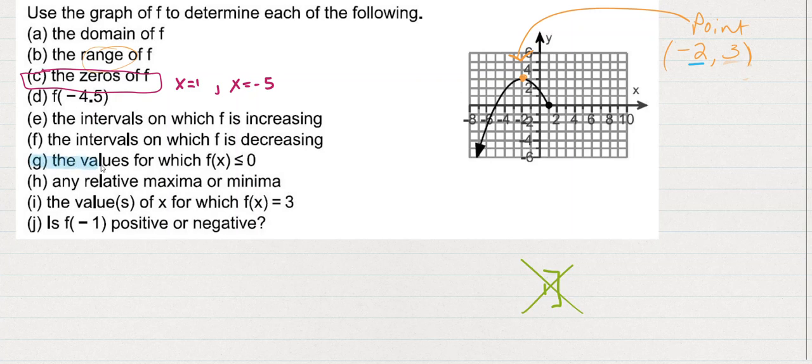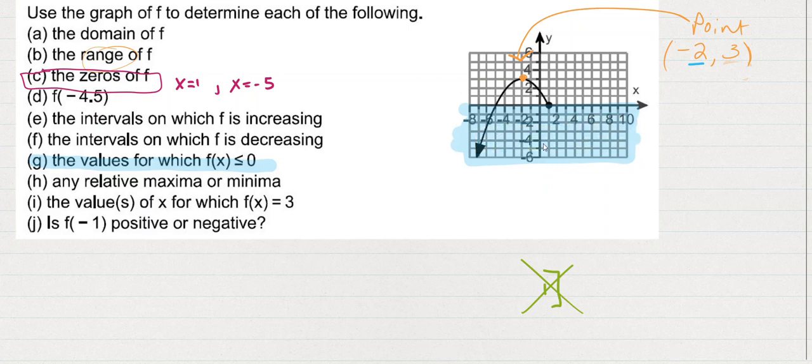Next, we could look at the values for which the height of the function is less than or equal to 0. So the values for which f of x is less than or equal to 0 would be anywhere that the function's falling below the x-axis, so anywhere down here.